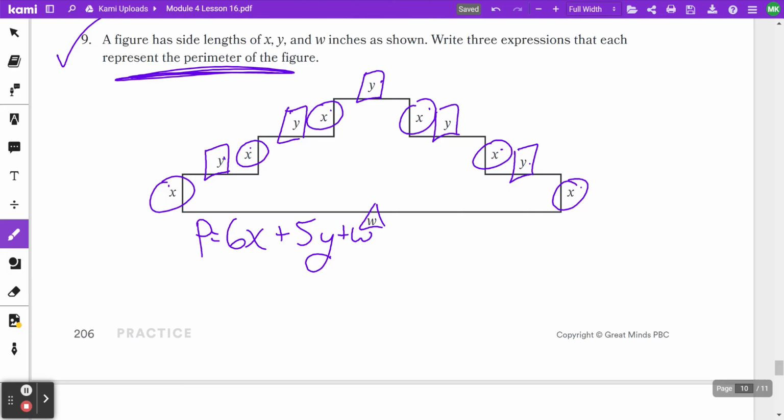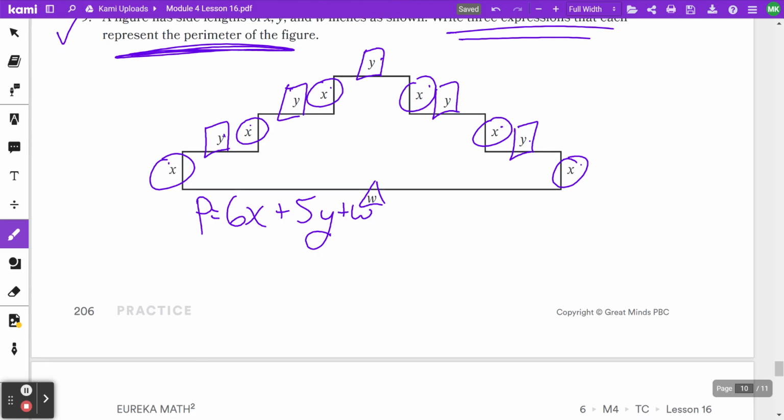Okay, so write 3 expressions. They want 3 expressions that each represent the same perimeter. Well, I can split this up. Maybe I can do a 3x plus a 3x plus, right? Because that gives me the 6x. How about a 4y plus another y, because that'll give me 5y, plus the w. You can do that.